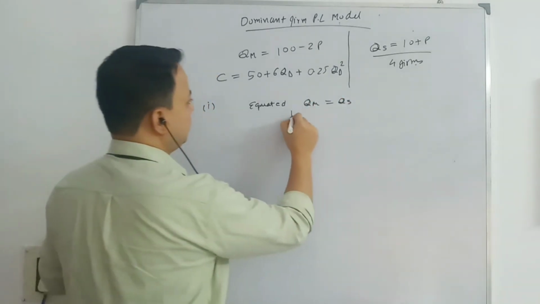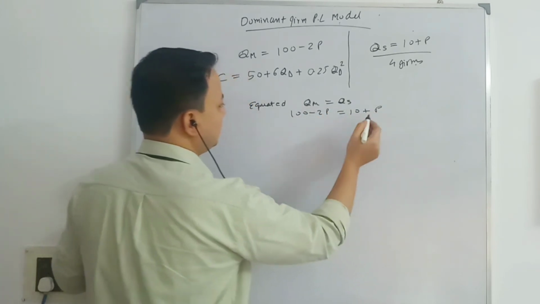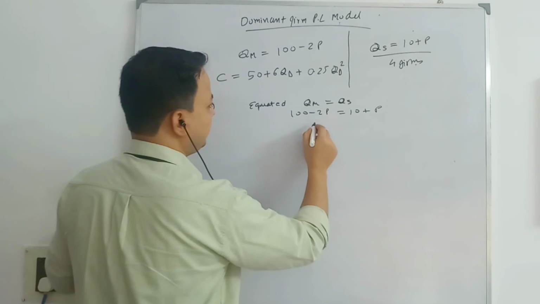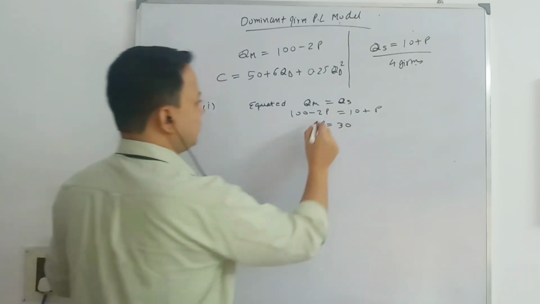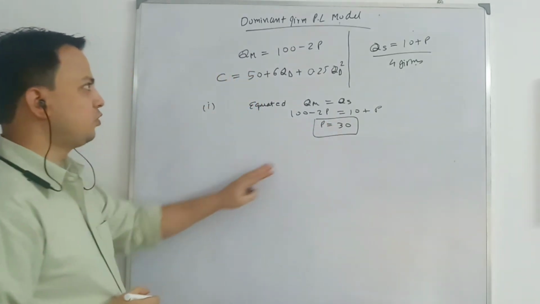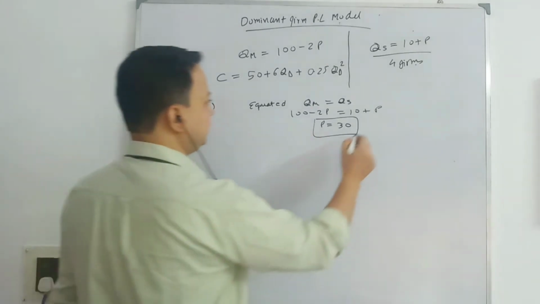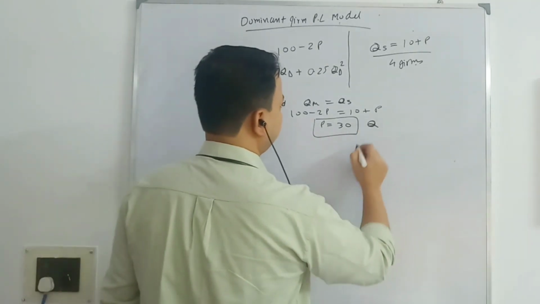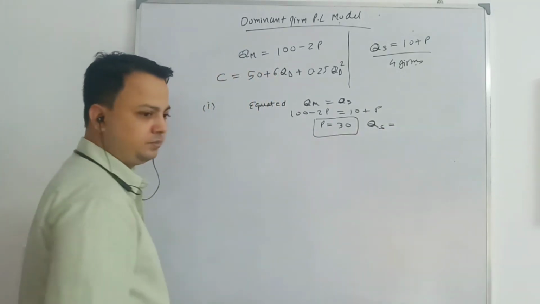So 100 minus 2P equals 10 plus P. So we get 3P equals 90, price equals 30. Price is 30. So how much quantity will be produced by the small firms when the equilibrium price is 30? How much will be QS?